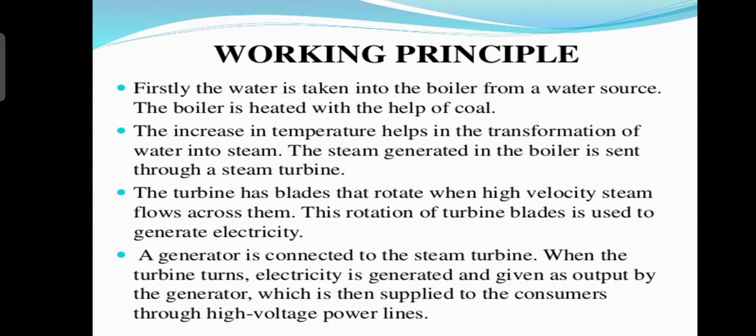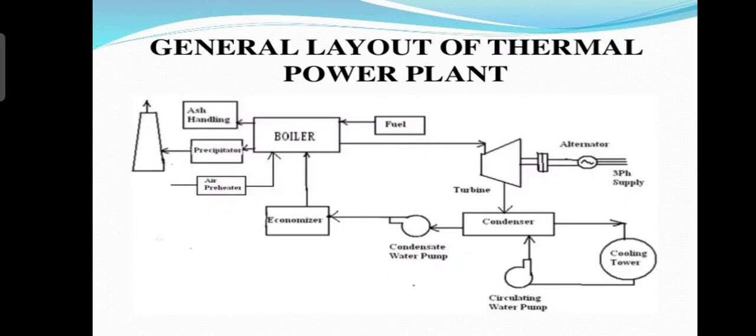A generator is connected to the steam turbine. When the turbine turns, electricity is generated and given as output by the generator, which is then supplied to consumers through high voltage power lines.